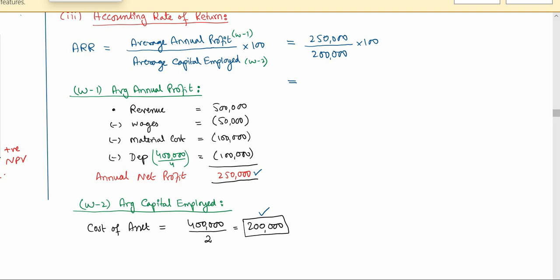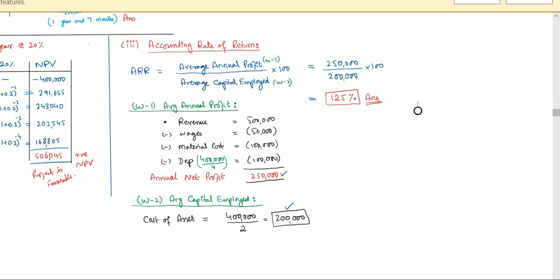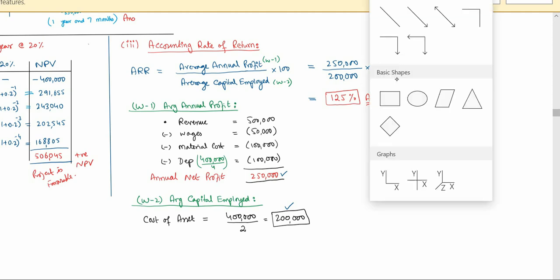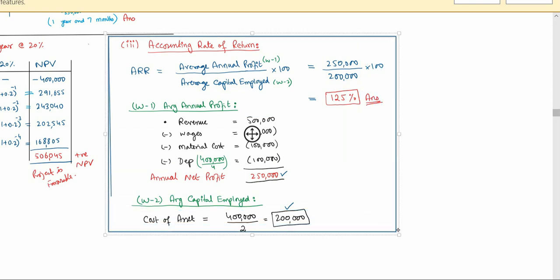The answer is 125%. So this 125% is my answer, and this is part number 3. Any problem in this?